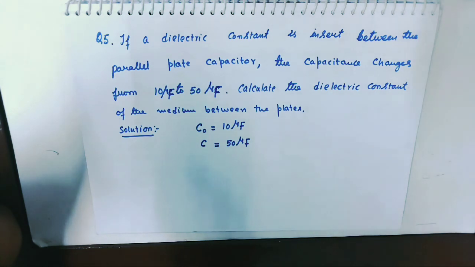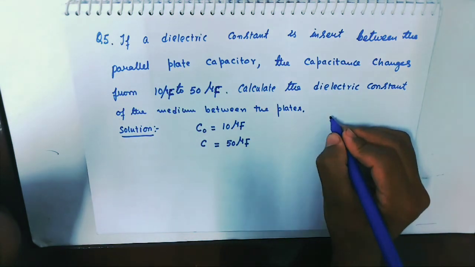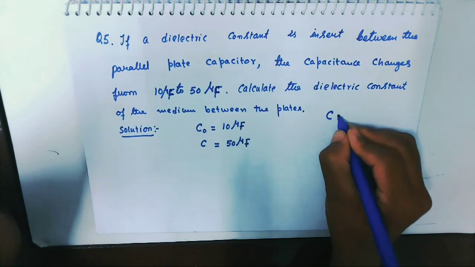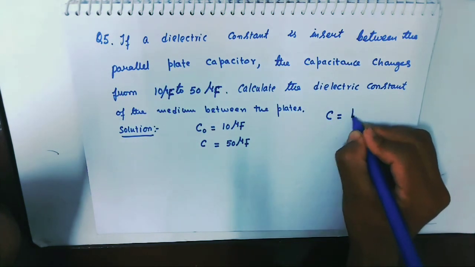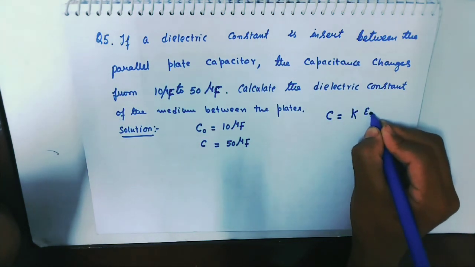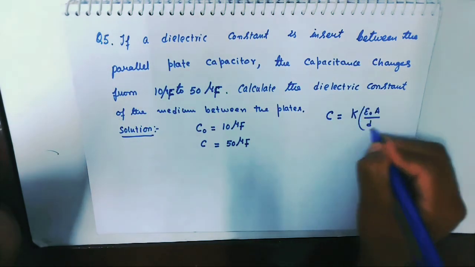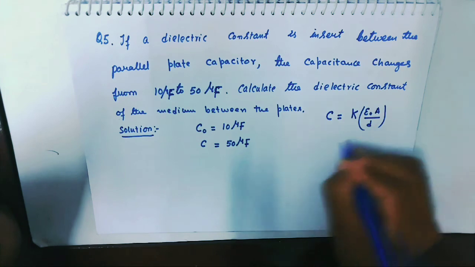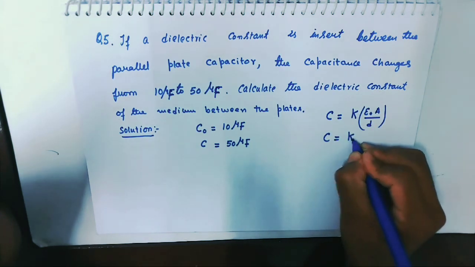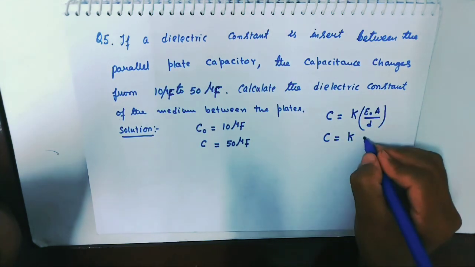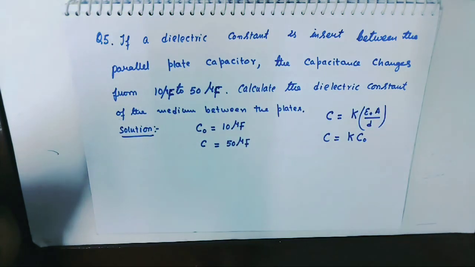As we have mentioned in our previous lecture, in the presence of dielectric, the capacitance C is equal to K times epsilon naught A divided by D. But this epsilon naught A divided by D is nothing but the capacitance in the absence of dielectric.